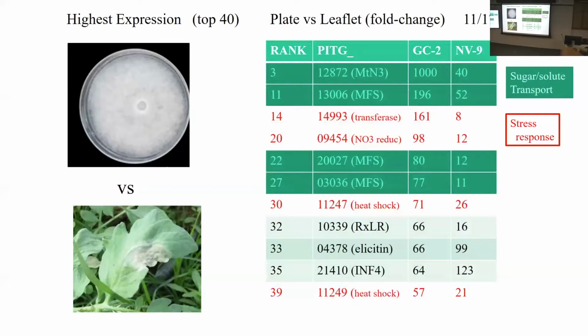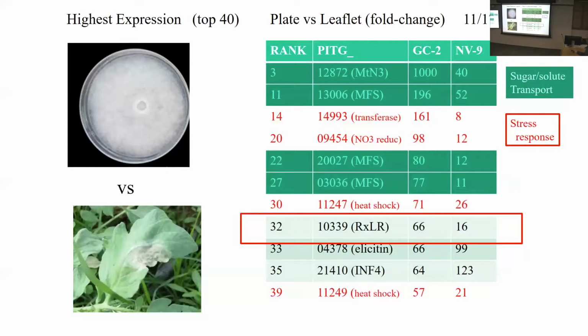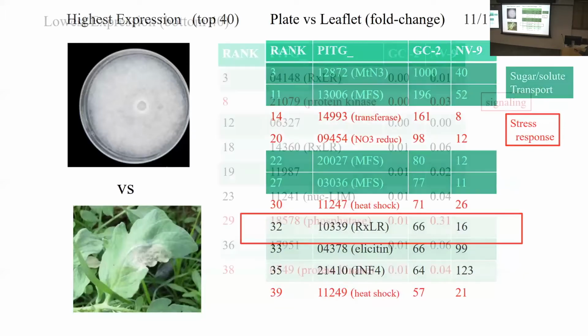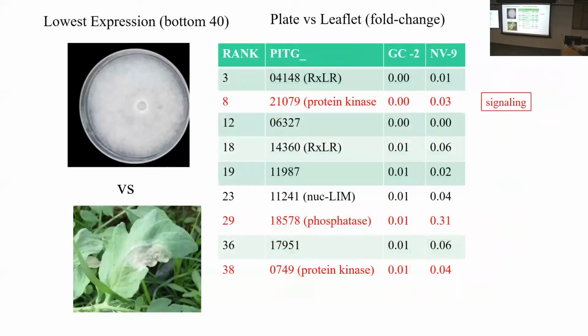There are 4 genes that are typical of stress response. The transferase, nitrate reductase, 2 heat shock proteins. There was one RXLR effector, which is interesting, and there are 2 elicitins, INT4, which is pretty famous, and one that has not yet been worked on. So that was a really interesting development.